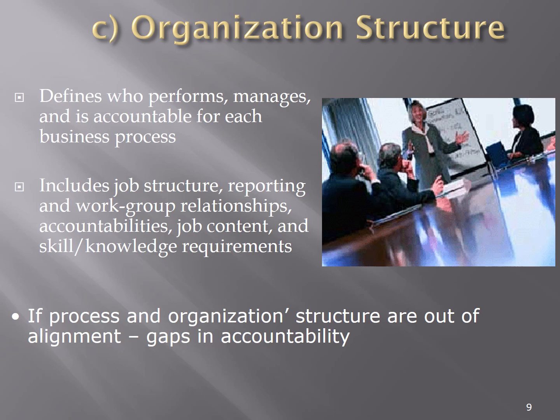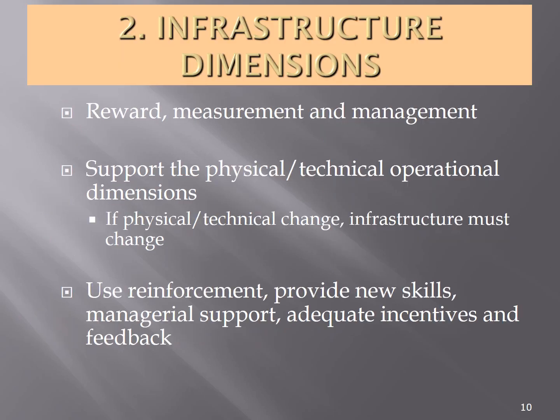So we have done the first layer, the physical or technical layer of business re-engineering. The second layer of business re-engineering is the infrastructure layer, which consists of reward structure, measurement systems, and management methods. These layers support the physical or technical operational layer.